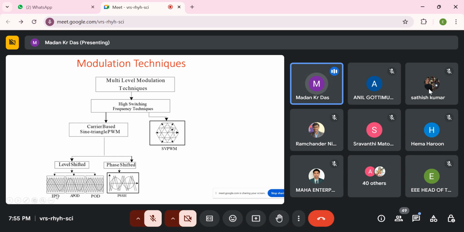In phase disposition, all the triangular carriers are in the same phase. In phase opposition disposition, the upper two are the same and the negative side is opposite. In alternate phase opposition disposition, the two upper ones are the same and the negative ones are the same, but here two are the same and another is different. Every type we have used.